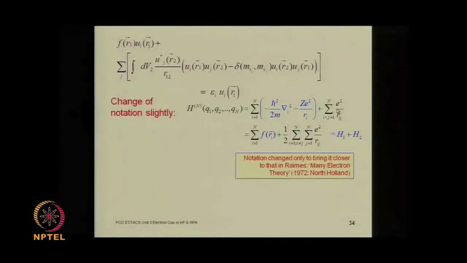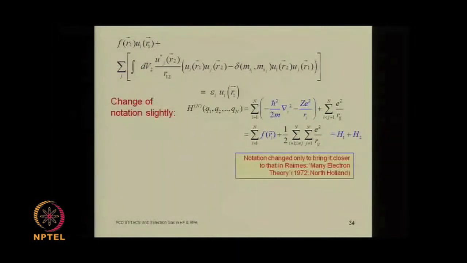Now I am going to change the notation a little bit and rewrite this equation, and it would not have mattered, but I want to bring the notation very close to what we find in the book by Reims, Many Electron Theory, because it is the notation of Reims that we are going to carry forward for the development of the Feynman diagrams, okay, and for the discussion on the random phase approximation using the Bohm-Pines formalism, for example.